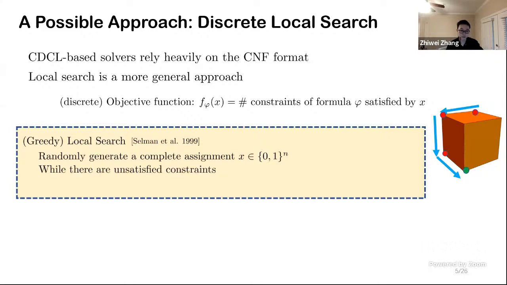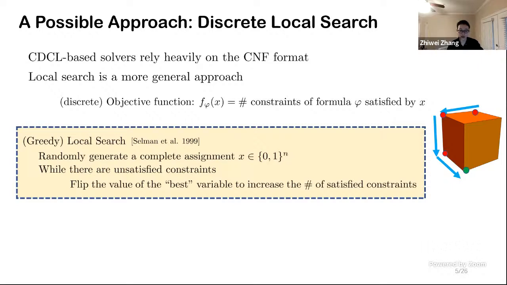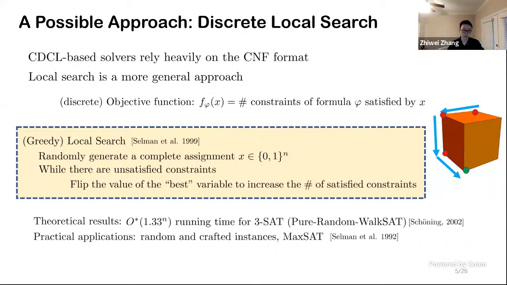GSAT is one of them, where you start from a random initial point and keep flipping the variables with the best value until you reach a solution. Local search gives us interesting theoretical results, and in practice, it was shown to be effective on hard random and crafted instances as well as MaxSAT instances. So we want to ask, can we use discrete local search for non-CNF solving?